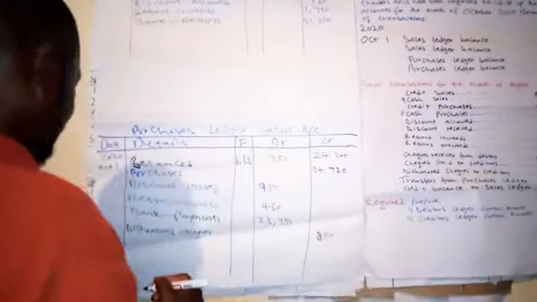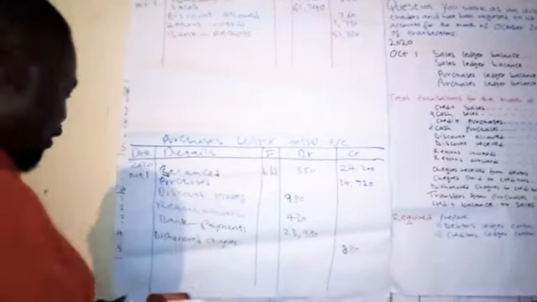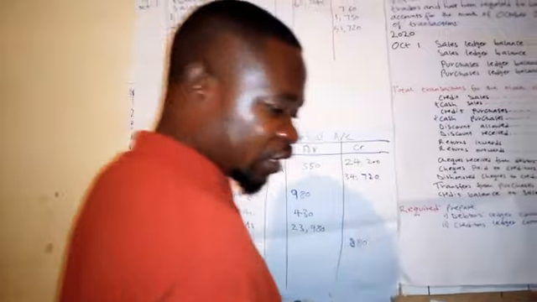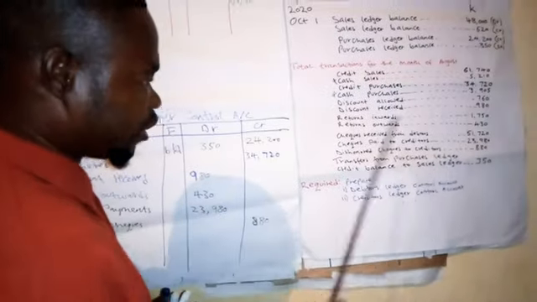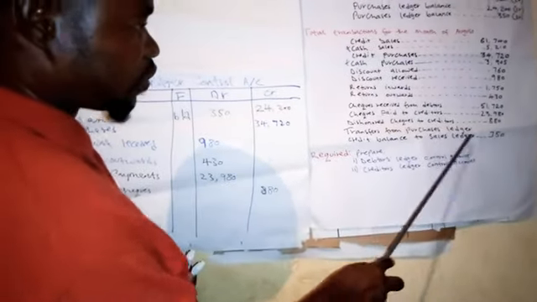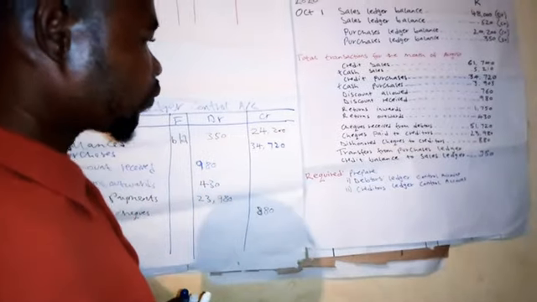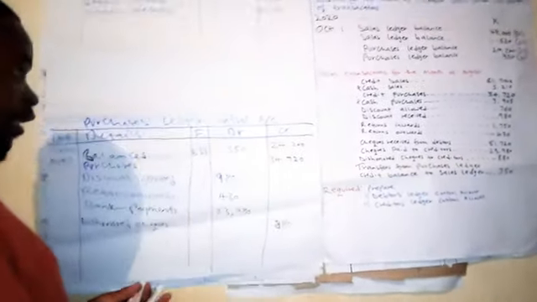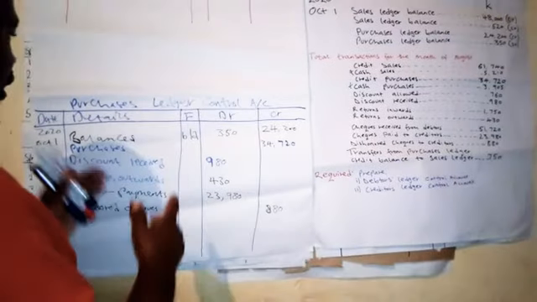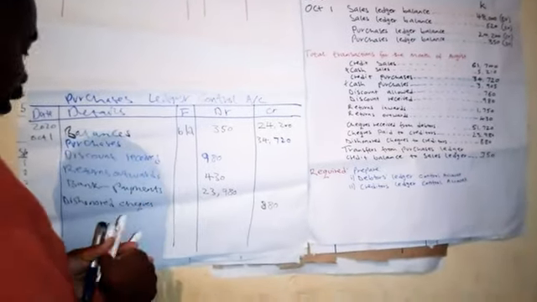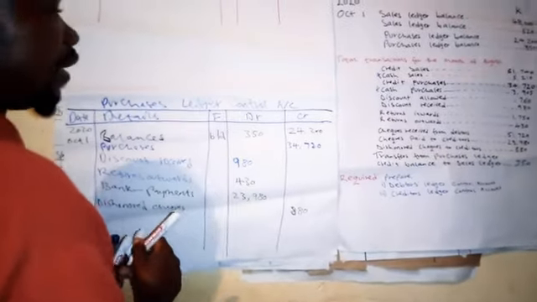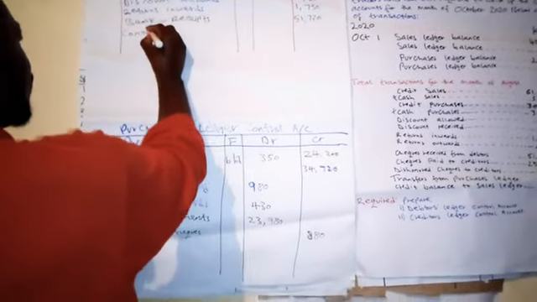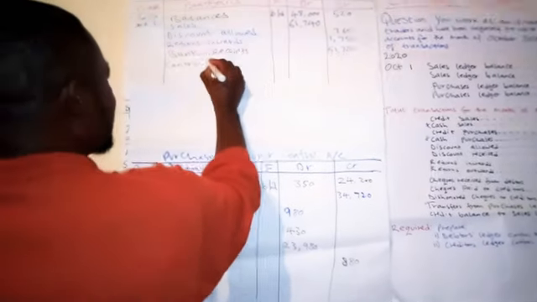All right. Then we have an interesting item there to do with the transfer. So it reads transfers from purchases ledger credit balance to sales ledger, 750. So the transfer should appear in both accounts. We start with the sales ledger. We can write here contra settlement.